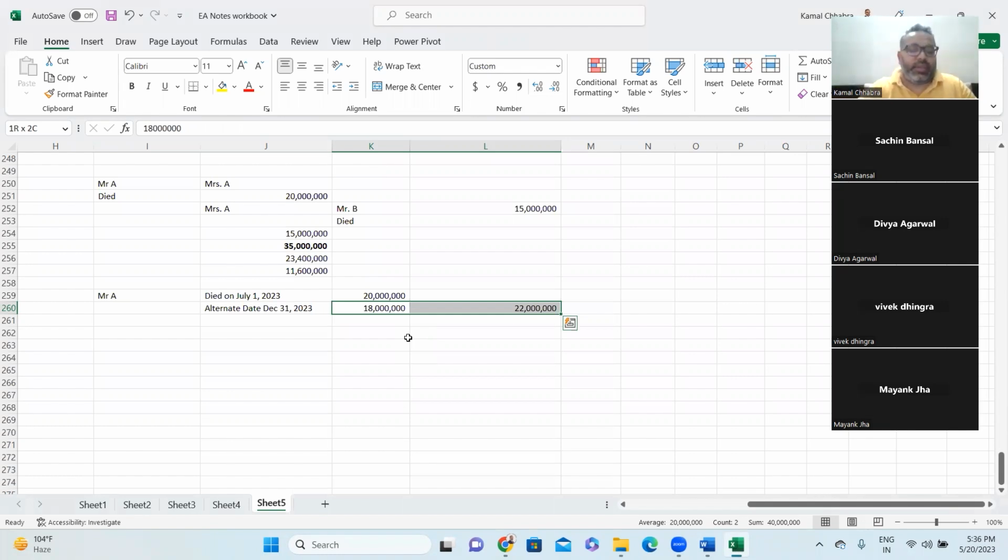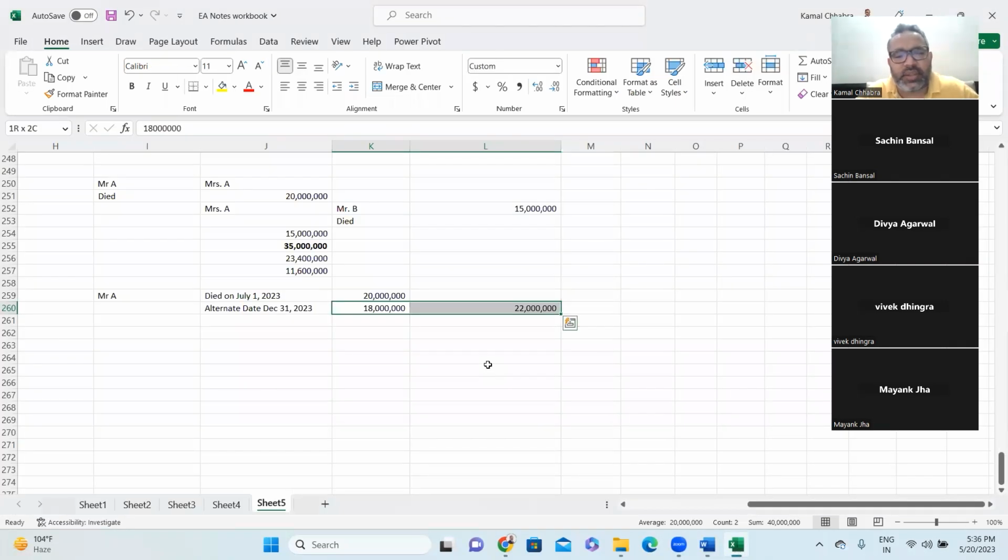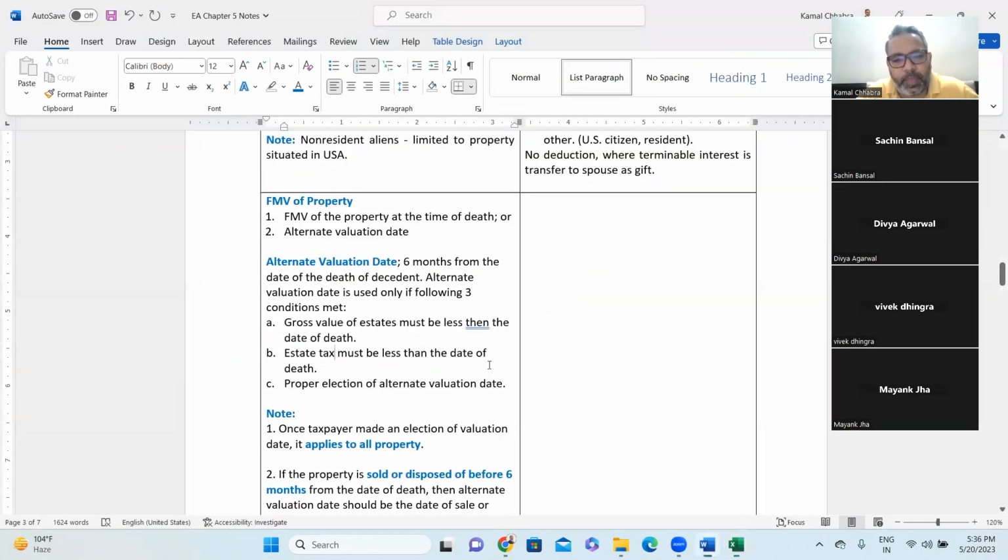Right? The second point is that the estate tax must be less than at the date of death. That means if the estate value is less, then the estate tax will automatically be less. Right? The third one is proper election of the alternate valuation date.